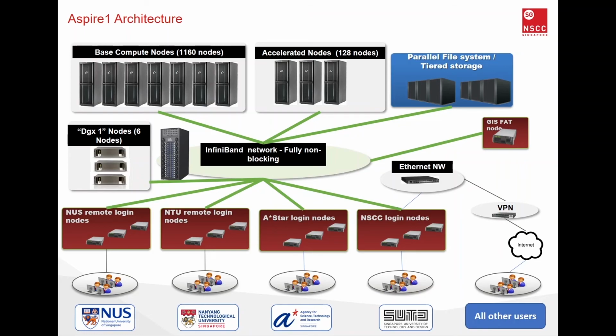However, A*STAR users are connecting directly to servers located within the same network segment of A*STAR. Therefore, they don't need a high speed connection from NSCC systems to A*STAR login nodes. However, other users such as NUS and NTU connect to their remote login nodes, which are placed at their sites.